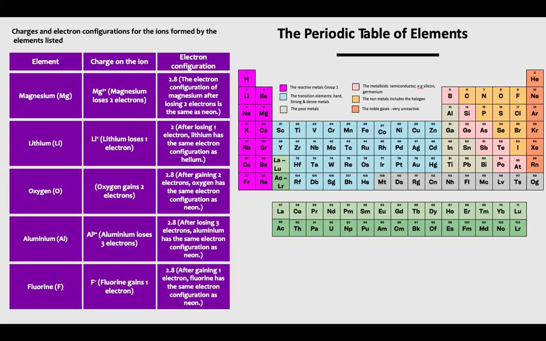And finally, we have fluorine. Fluorine has an F- charge on the ion, where fluorine gains 1 electron. And in terms of the electron configuration, after gaining 1 electron, fluorine has the same electron configuration as neon, which is 2.8. So you can refer to the periodic table of the elements in the right-hand corner to find out the charge on the ions and electron configuration.